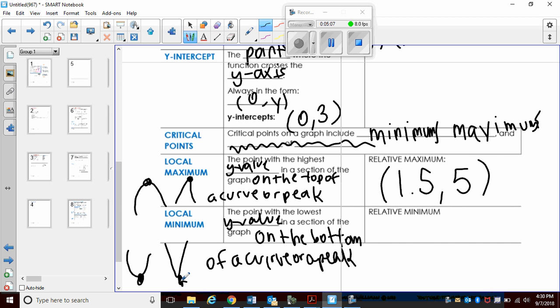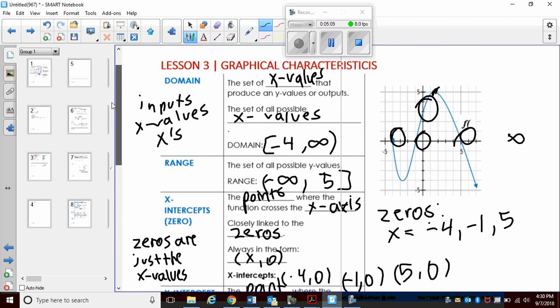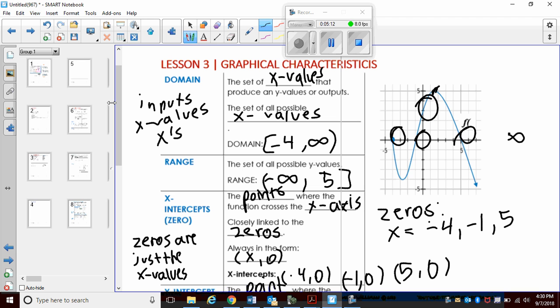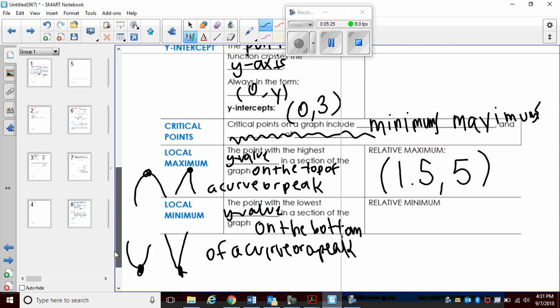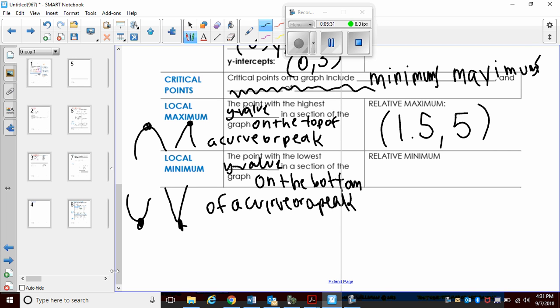So this minimum is right here at that valley, and it's at negative 2.5. The y value, if I count down, is negative 4. So negative 2.5, comma, negative 4. Okay, moving on.